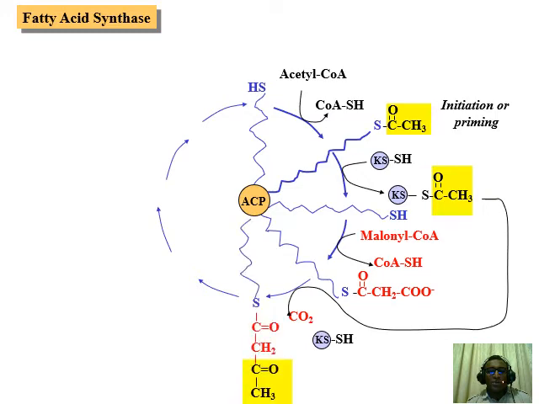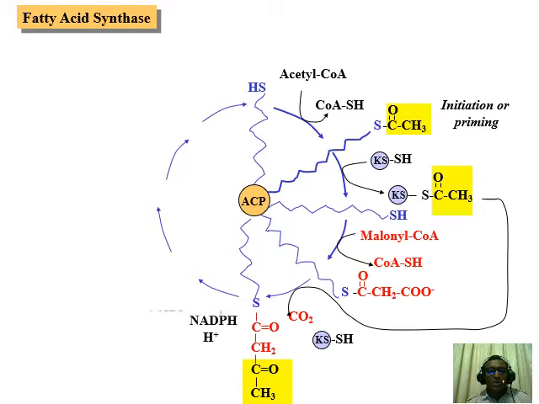The ACP now will have the ketoacyl group, and one carbon of the malonyl will be released as carbon dioxide. The 3-ketoacyl group does not have the shape that is necessary for acyl or fatty acid. Therefore, further modification needs to be done.